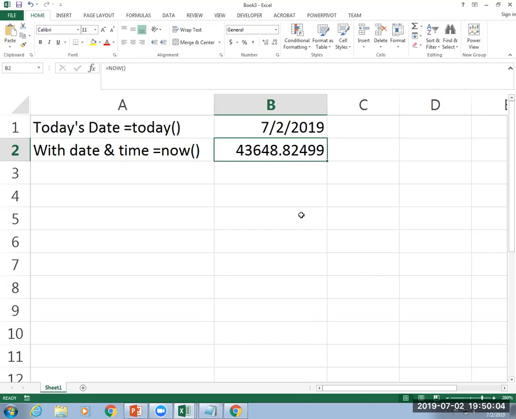One is called the 1900 method, and the other is called the 1904 method.